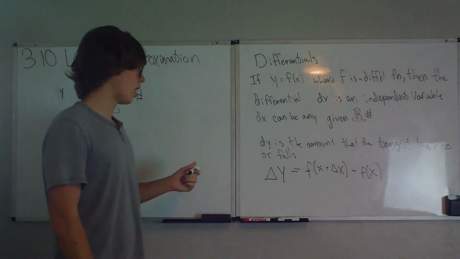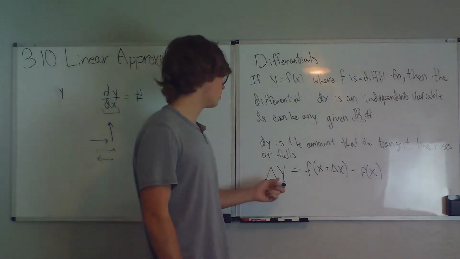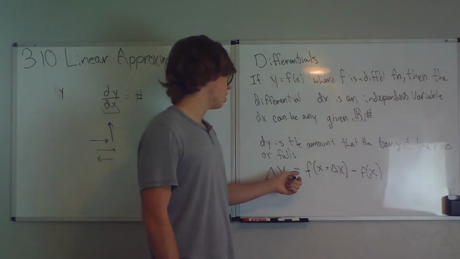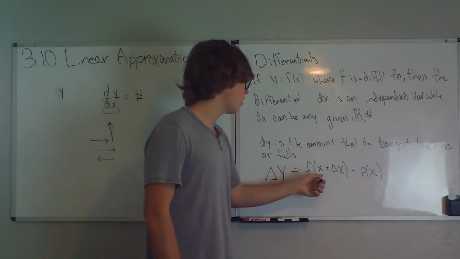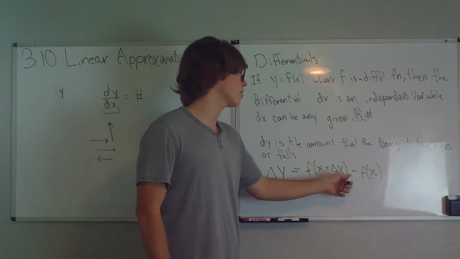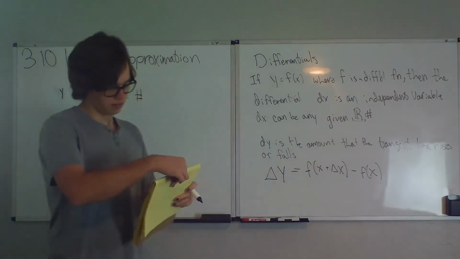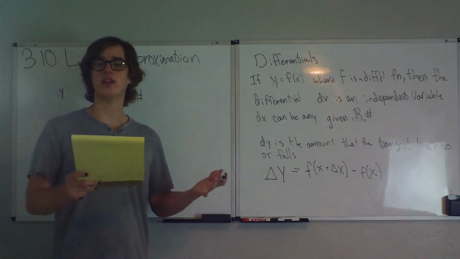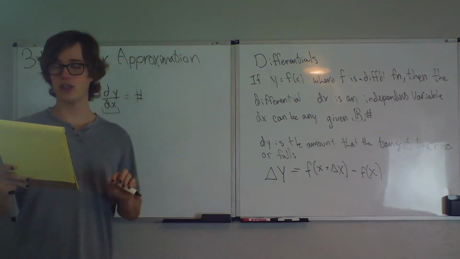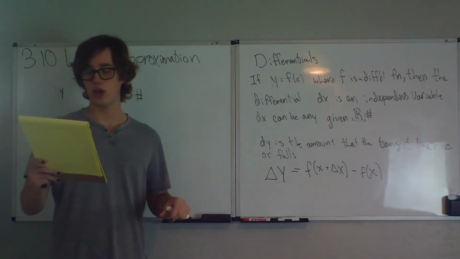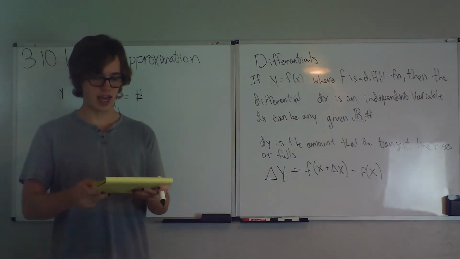And then now we get an equation, and it just says the change in y is equal to f of x plus the change in x minus f of x. And so what is the change in y? The change in y represents the amount the curve rises or falls when x changes by dx.